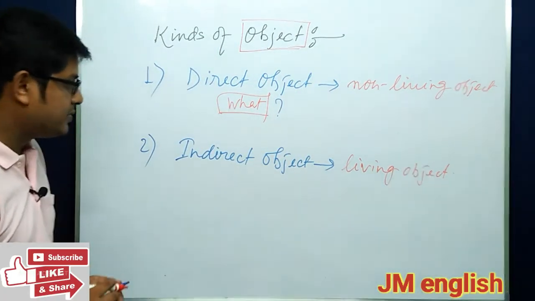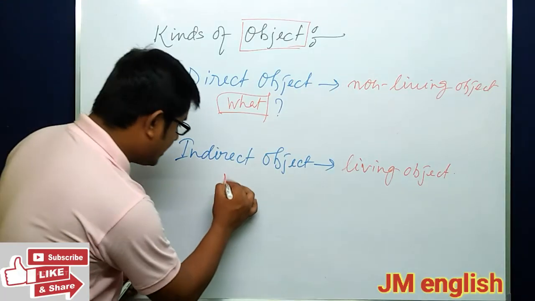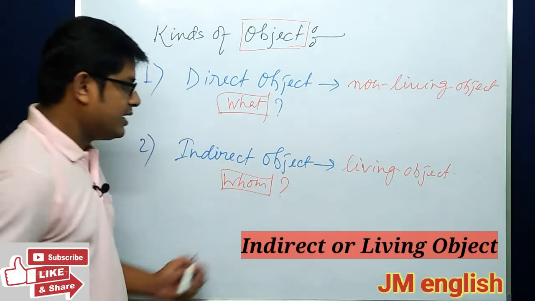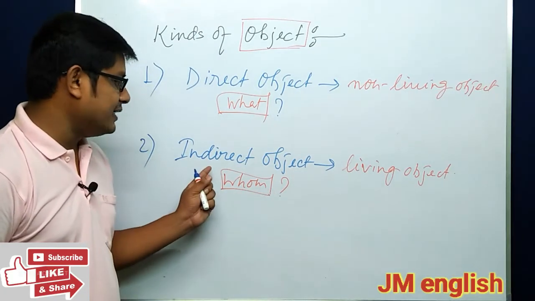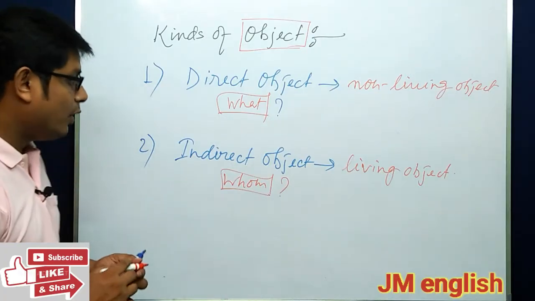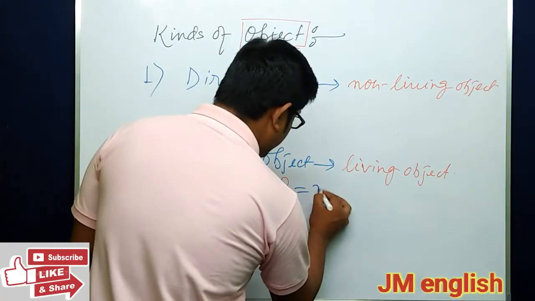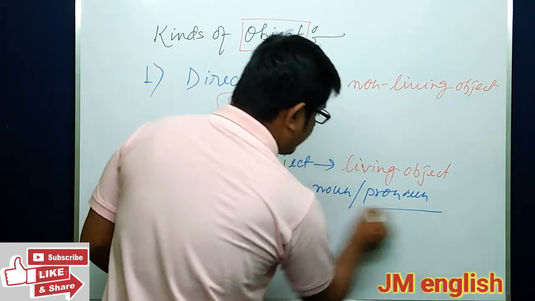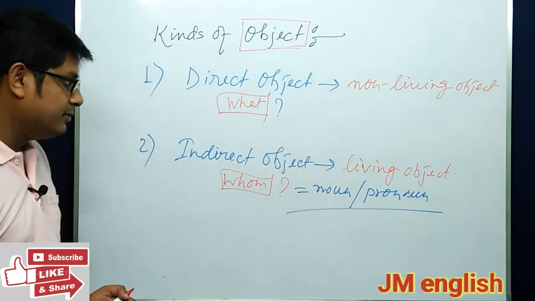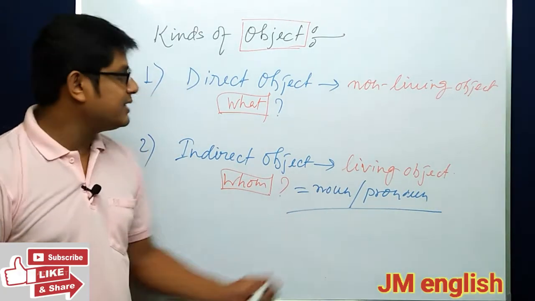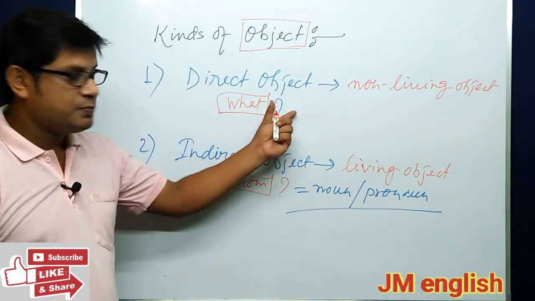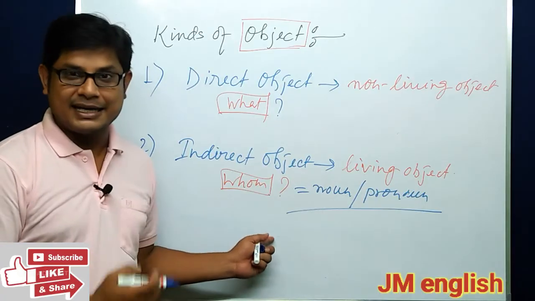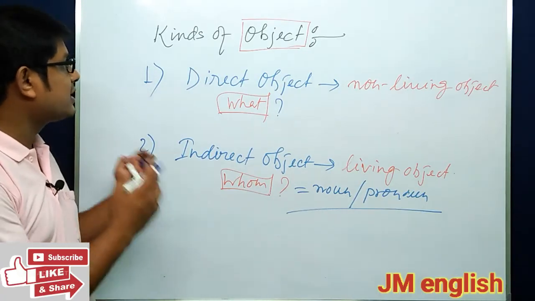Okay, a living object. How? Because whenever you ask the question with whom, the answer you will get is an indirect object. And over here, normally you get any noun or any pronoun, and of course, it is a person or an animal. So that's the reason it is a living object. And being a direct object, this part gets the direct action of the verb, and this gets the indirect action of the verb. So this is all about the kinds of object.